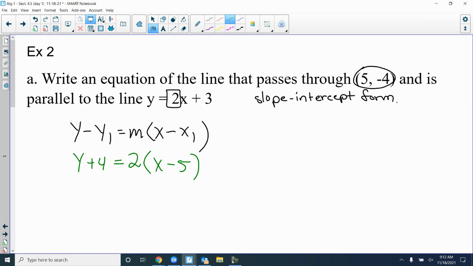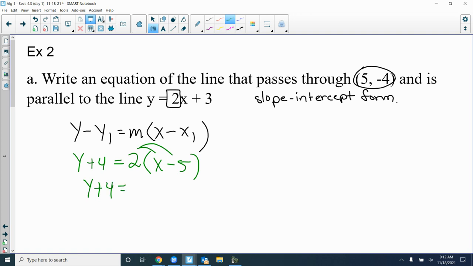Is everybody okay up to this point? Does that make sense? Jeff, what do you do now? Did you make the y by itself? Yeah, but what do I got to do over here first? Distribute. So I'm going to bring that down to y plus 4.